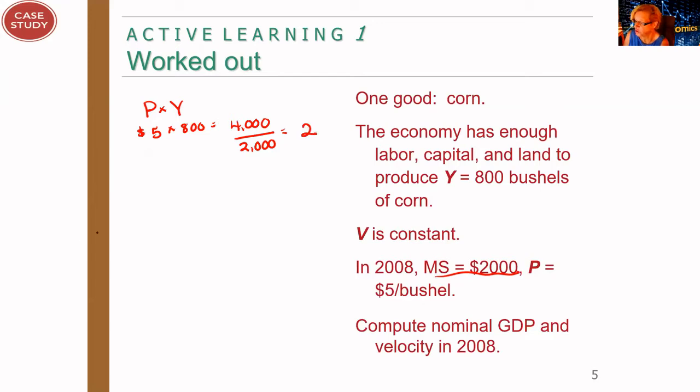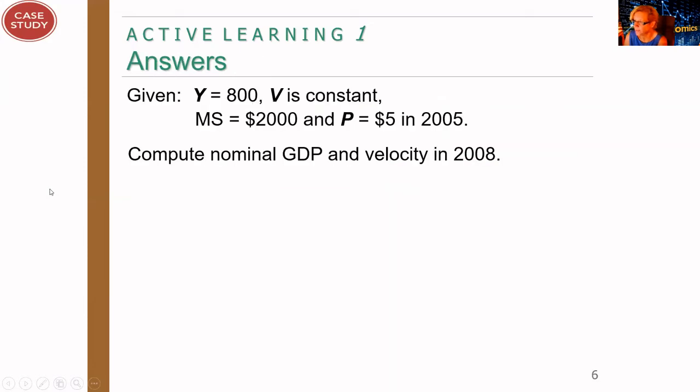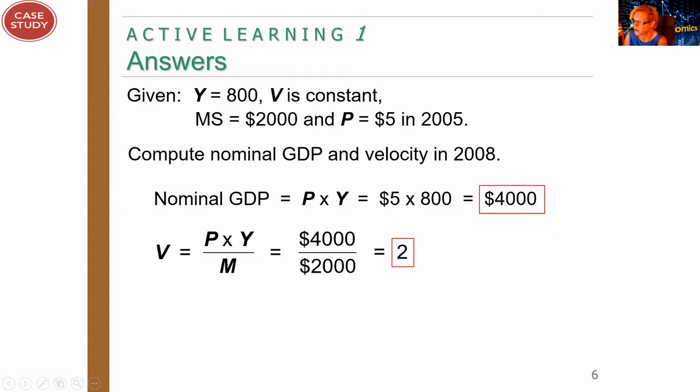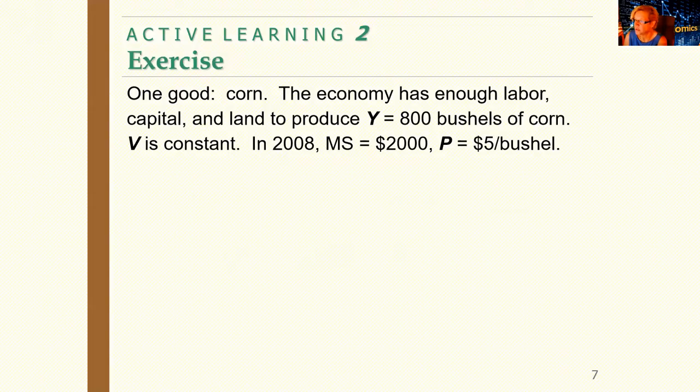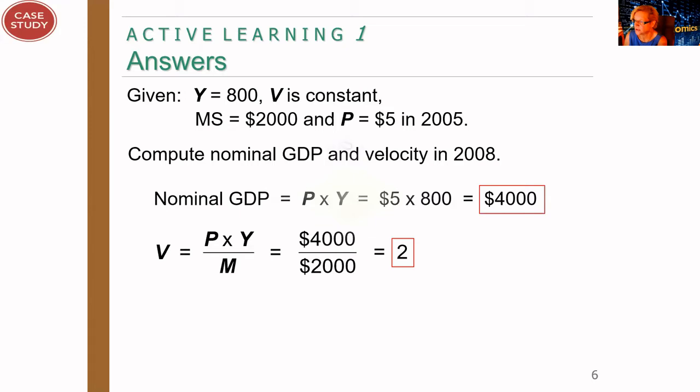What does that 2 mean? It means that the average dollar is used in 2 transactions. It changes hands twice. Why would we want to know that? Because this will tell us the speed with which monetary policy will actually come to fruition. So again, here are our answers: 4,000, and we get 2, which means the average dollar was used in 2 transactions.